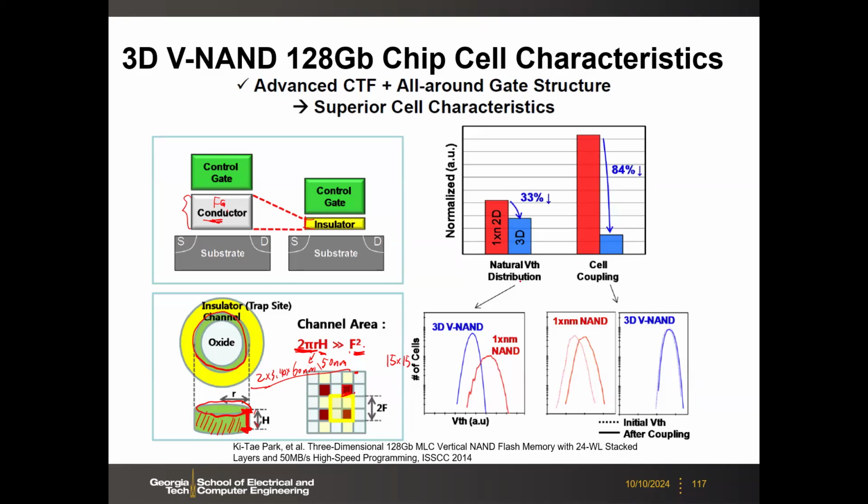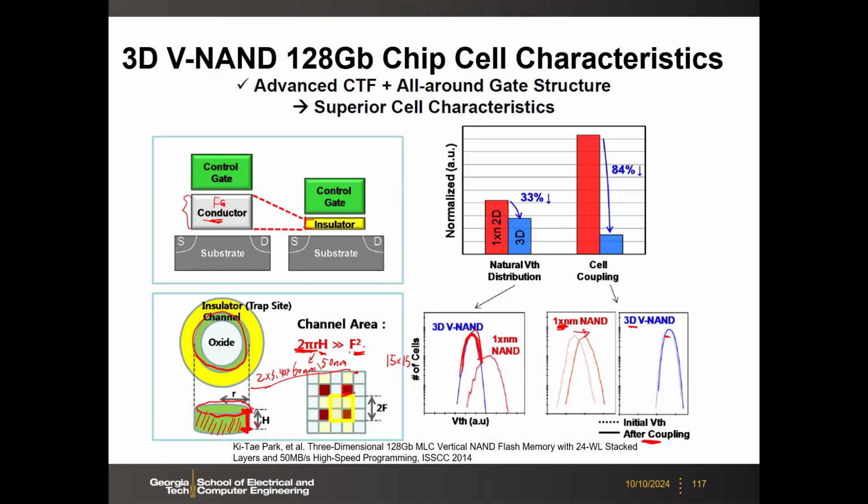So that's why here you look at the electrical characteristics of the second to the last generation 2D NAND versus this initial 3D NAND. So first of all, the distribution is much tighter in terms of the VTH. And also after coupling, you see almost no shift compared to the 2D. Here, you have the shifting.